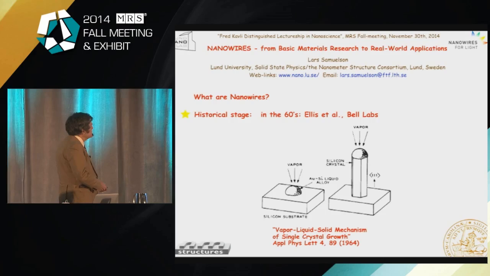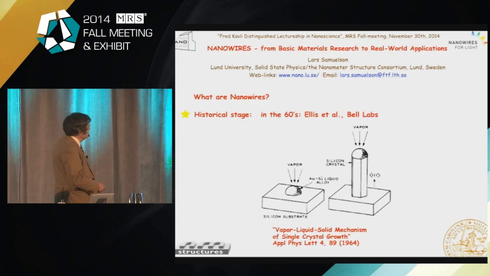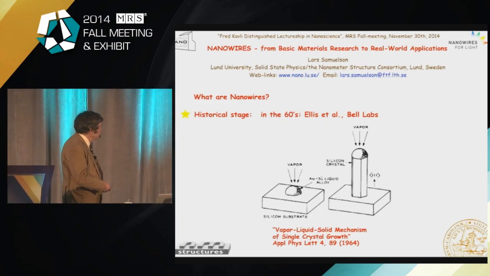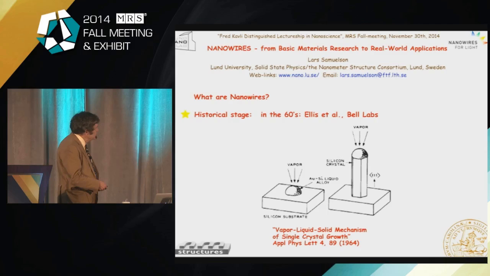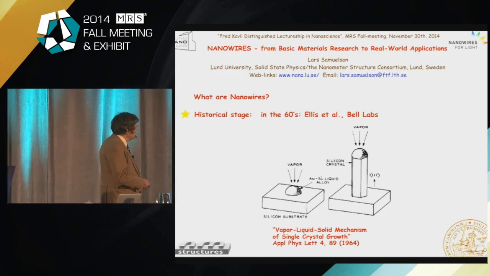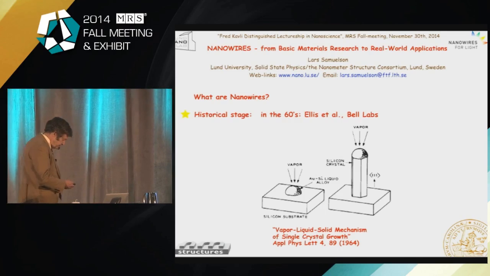Already in the early 60s, Ellis and Wagner and the people at Bell Labs developed the insights and the description of how silicon whiskers could be grown stimulated by a gold seed, which then alloyed with silicon to form a eutectic alloy between gold and silicon, and that excess silicon could then be transferred to the single crystalline wafer underneath, and this gold-silicon hemisphere would be pushed up like on a piston. And it will leave behind a silicon crystal, which is simply a monolithic extension of the wafer on which it grew.